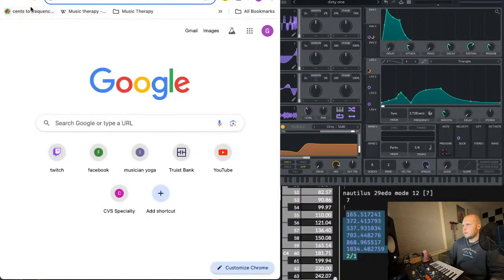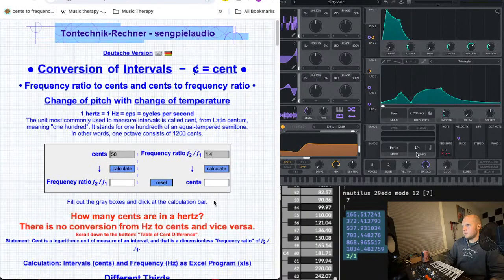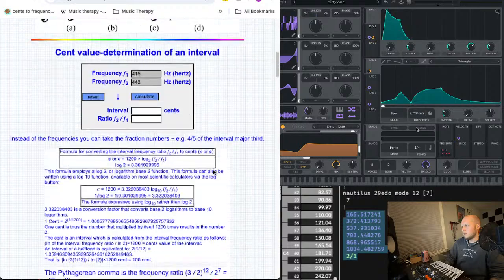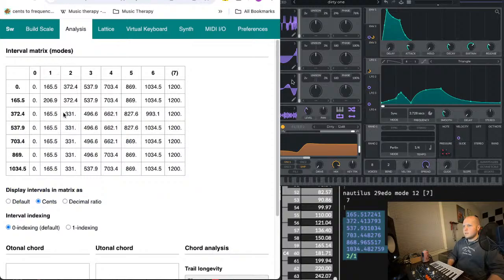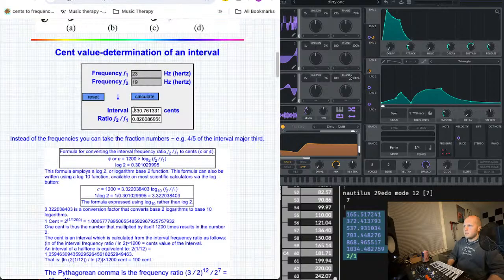If we go cents to frequency, just type in 23/19. Oh, we should find the, it'll be a negative because I did it in the wrong order, but yeah, it's almost exactly the same. So negative 330.7. Here we have 331 on the dot. So you can ignore the negative.